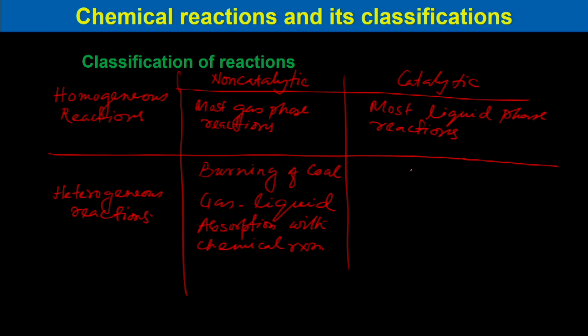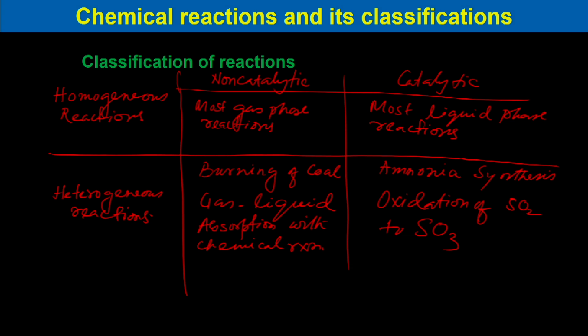Under the catalytic process, examples are ammonia synthesis and oxidation of sulfur dioxide to sulfur trioxide.